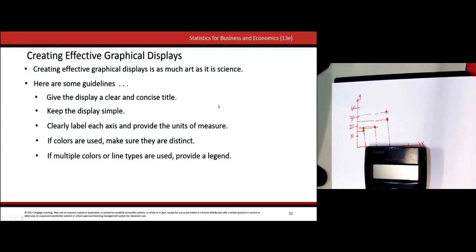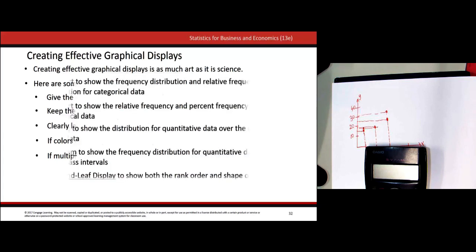There are some guidelines to create effective graphical displays, such as give the display a clear and concise title, keep it simple, if colors are used make sure they are distinct, and clearly label each axis and provide the units of measure.